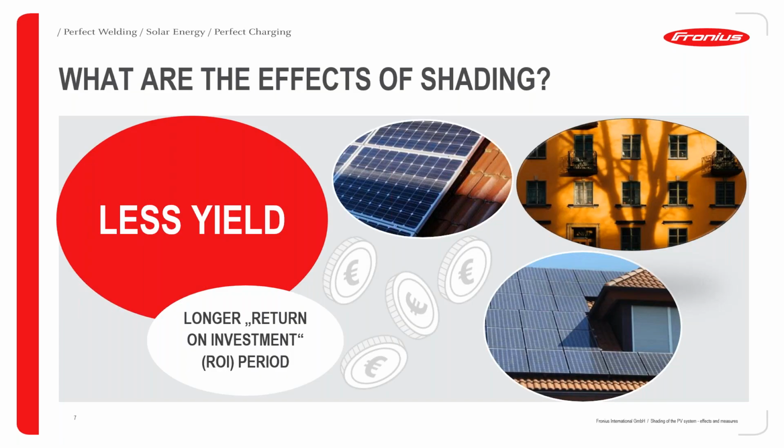But at the end of the day, what does this cost? Apart from the debilitating effect on the modules themselves, thereby reducing their lifespan, shading most importantly causes less yield.